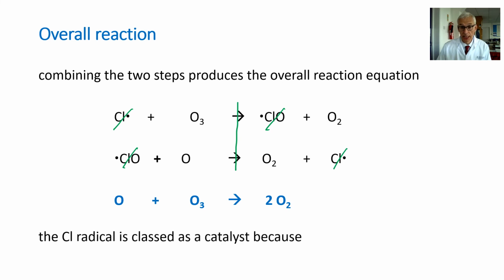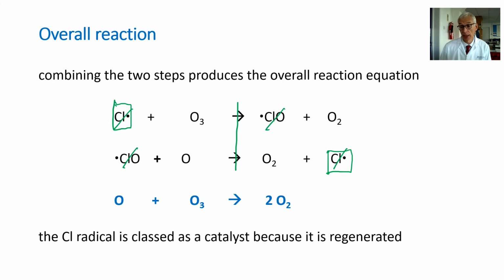One point to make is that the chlorine radical is classed as a catalyst, and that's because it is regenerated. So the two propagation steps start off with one chlorine radical, using up one chlorine radical in the first step, but generate one chlorine radical in the second propagation step, and therefore the number of chlorine radicals remains unchanged.